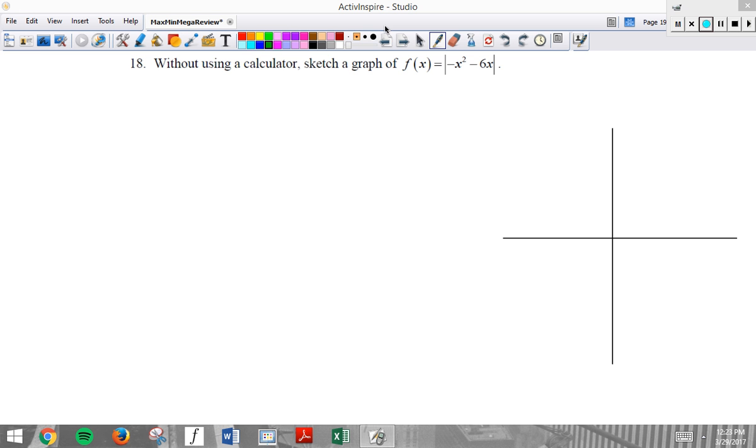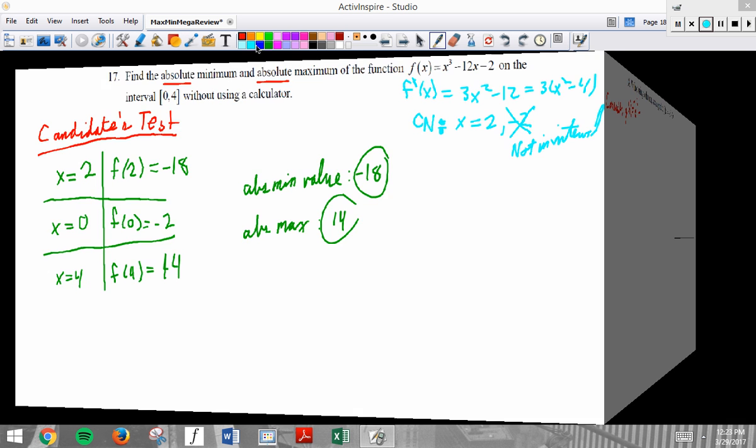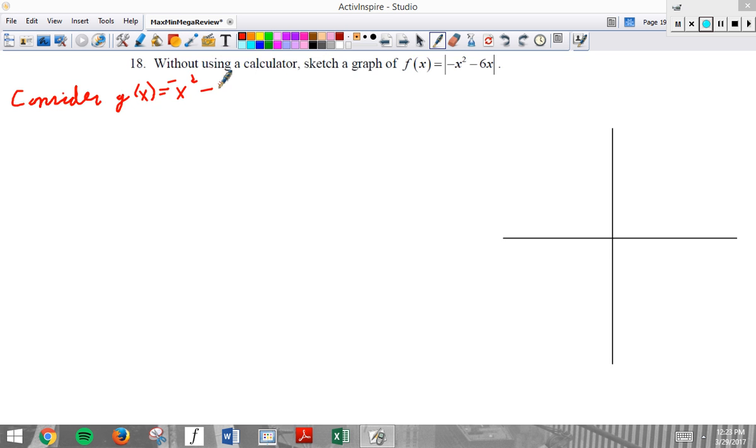3, 2, 1. So you should look at... You don't have to write it this formally. Consider g of x. The function that would just be on the inside. Negative x squared minus 6x. Oh man, so ugly.